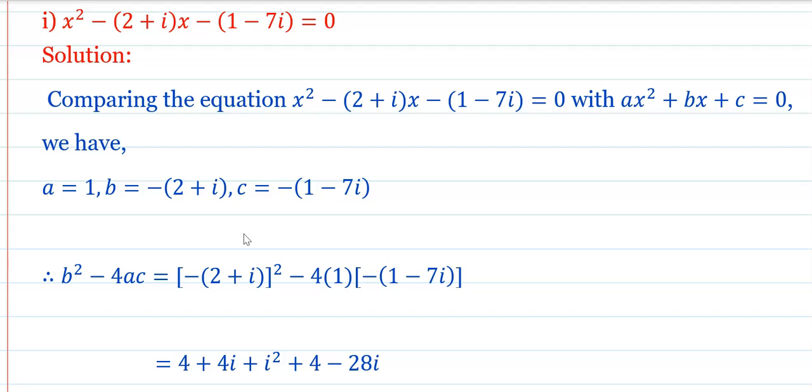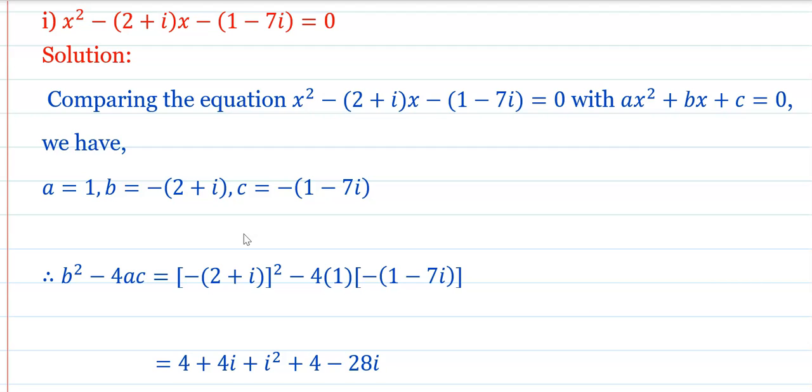Okay, let us find the value of b square minus 4ac. In square bracket, minus (2 plus i) bracket square minus 4, a is 1 and c is again minus (1 minus 7i).